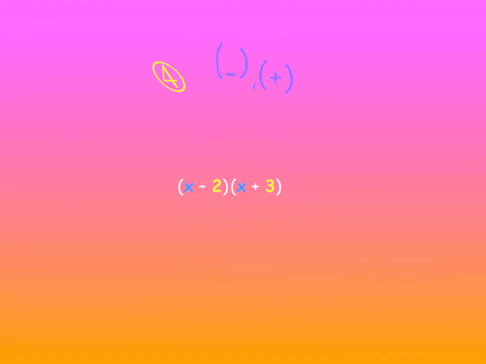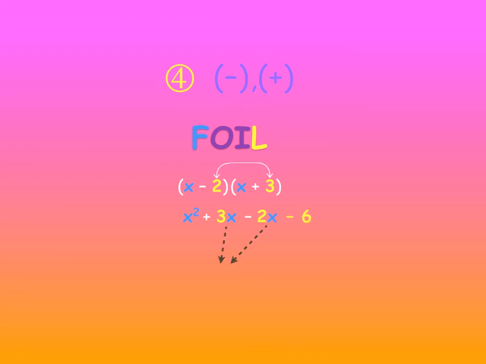Fourth and final situation, first sign is negative, second sign is positive. First times first, x squared. Outer times outer, plus 3x. Inner times inner, minus 2x. Last times last, minus 6. Gather the like terms.